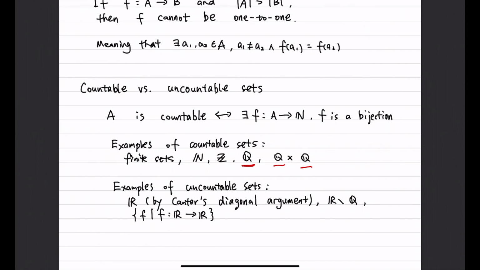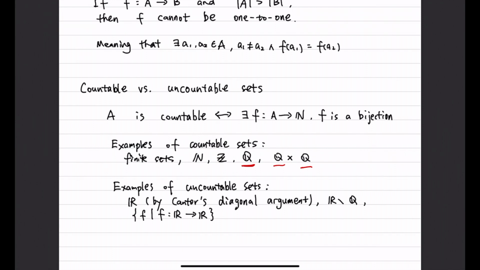And here are a few examples of uncountable sets. The most famous example is that the set of real numbers is uncountable, and we have shown this in the lecture via Cantor's diagonal argument.